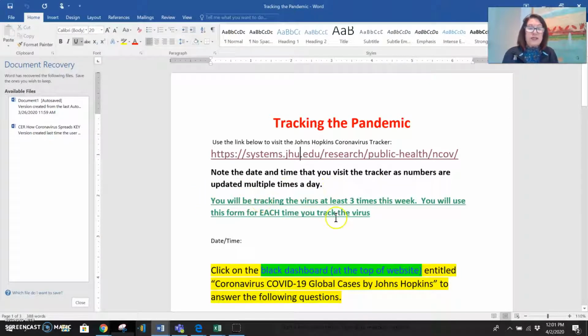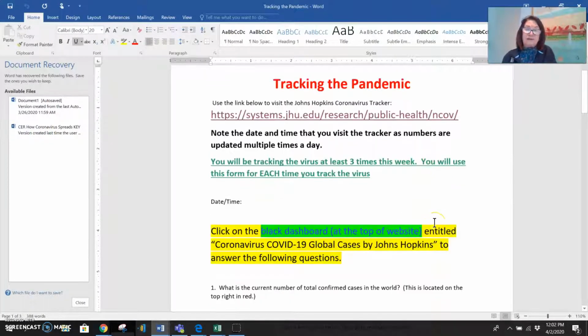So you will be tracking the virus at least 3 times this week. You could go 3 days in a row or, one day, skip a day and carry on from there. But you're going to do it 3 times on 3 different days, so you can see how it's changing and the patterns that it's taking.